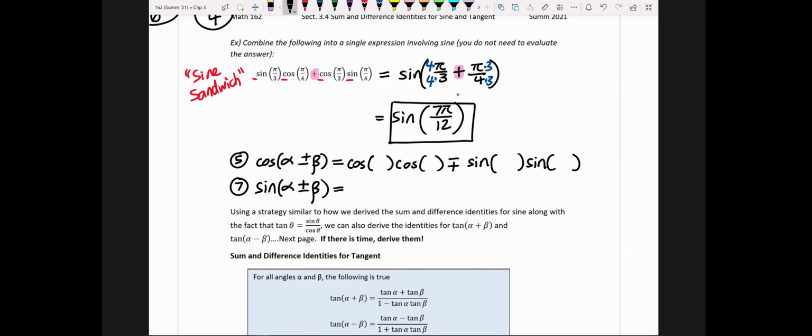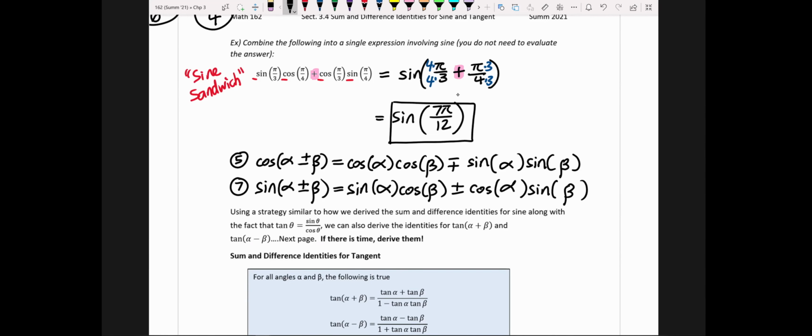For the sandwich, sine starts with an S, sandwich starts with an S. So sandwich is sine, cosine, cosine, sine. And then we inserted first, second, first, second.